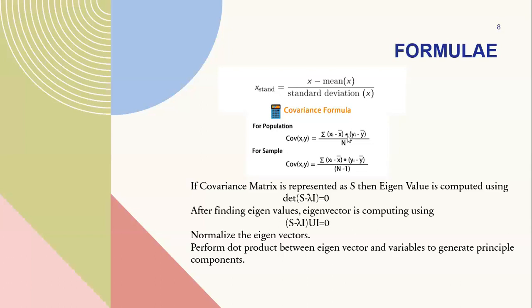Then we perform the dot product between the eigenvector and the independent variables to generate new principal components. So these four steps, if I convert them into a program, that itself is the implementation of PCA.